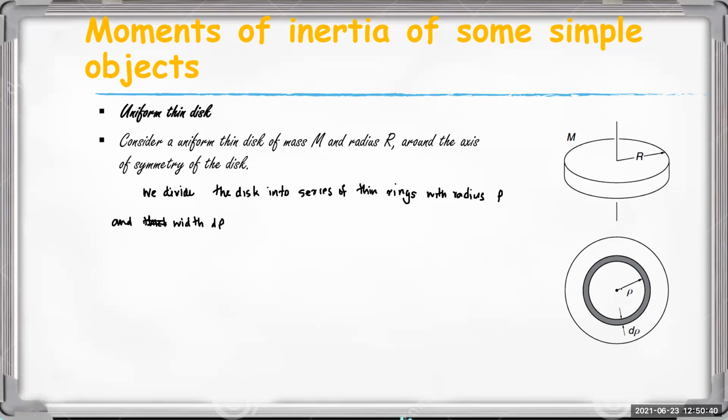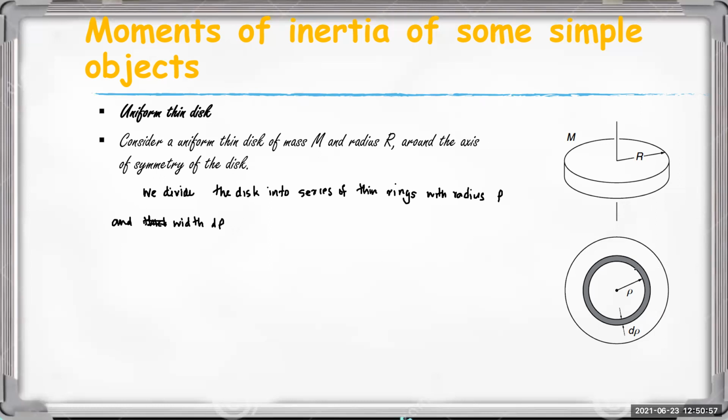First we consider a small ring here, then the next ring, and then we go from 0 to capital R. Then it becomes a disk.